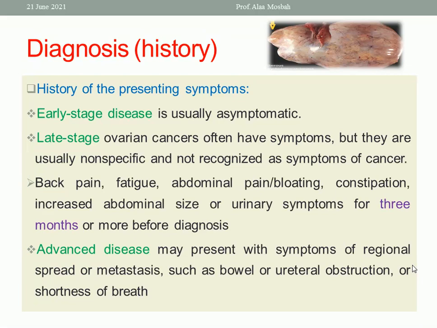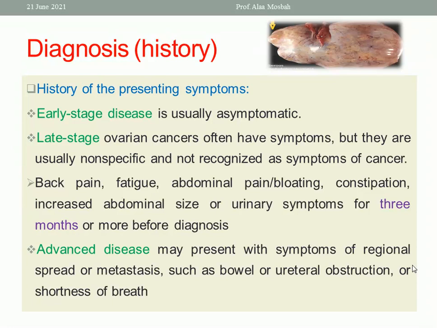But unfortunately, early stage disease is usually asymptomatic, and usually ovarian cancer is diagnosed late and in advanced stage, specifically epithelial tumor. Late stage ovarian cancer often has symptoms, but these symptoms are also non-specific. That's why the diagnosis is made later.